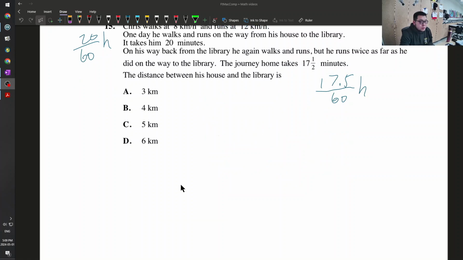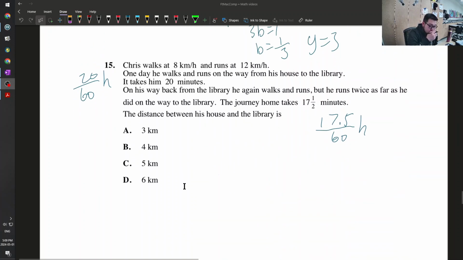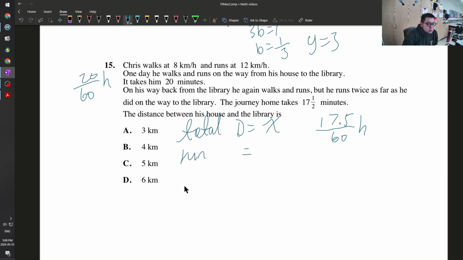Alright, I just erased what I did. Let's try to do this a different way. So we will have the total distance equal to x, and run distance on the way there equal to y.